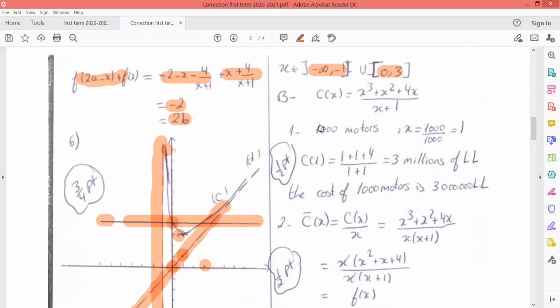So for 1,000 motors, X equal 1,000 divided by 1,000, which is equal to 1. C of 1 equal 3. If we write 3 without the unit, it is not correct. So 3 millions of Lebanese lira. So we have to write also: the cost of production of 1,000 motors is 3 millions of Lebanese lira. Half point.